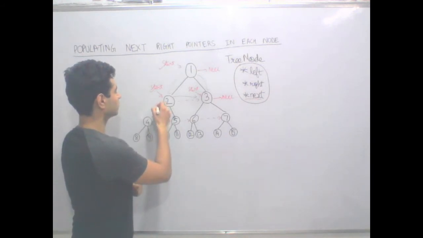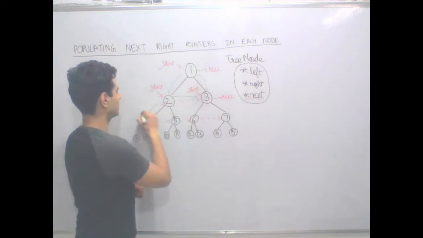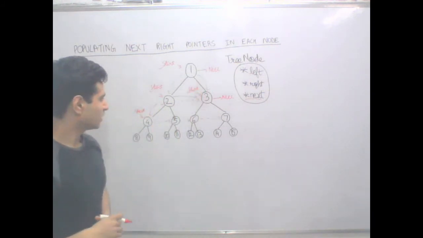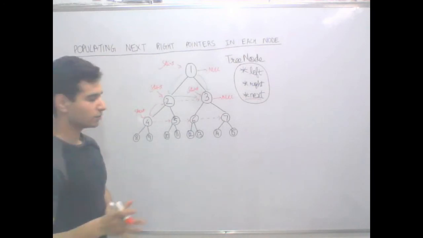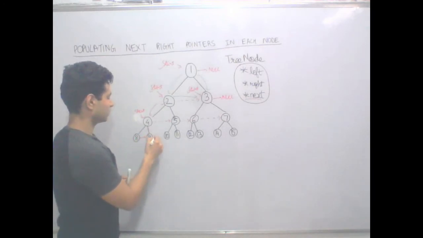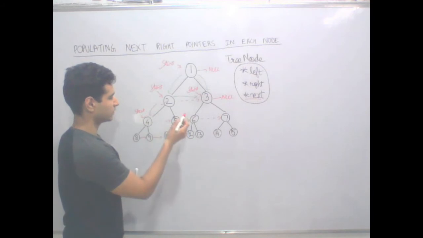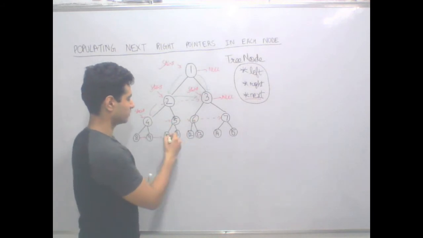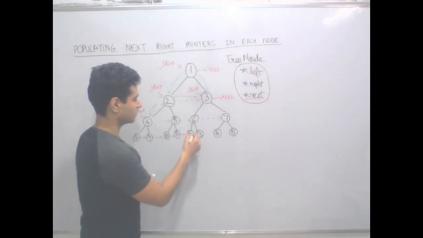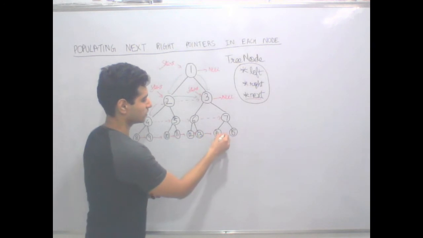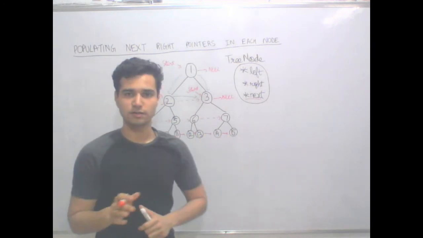So now we'll go here. This node is done. Start is at 4. Again we will keep on doing the same thing and assign all these nodes with start moving again here. So in this way this level would be completed, right?